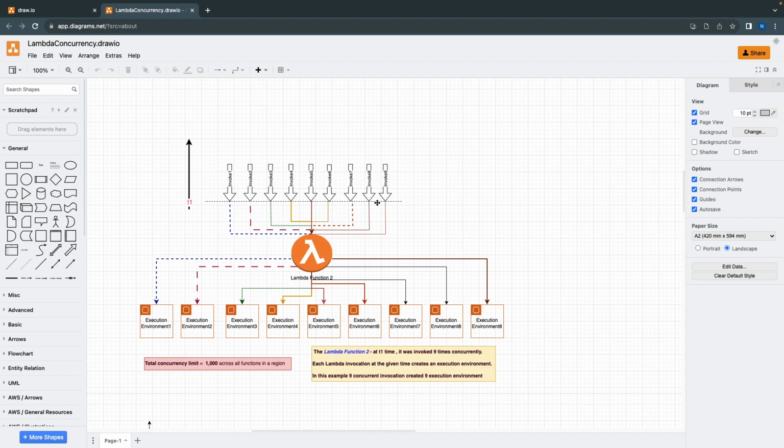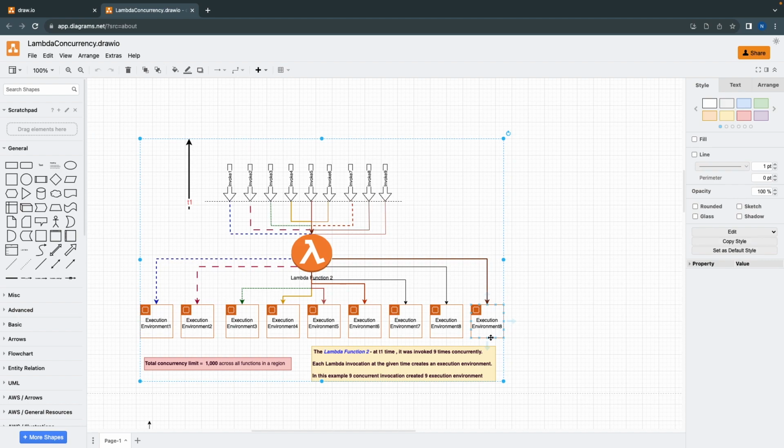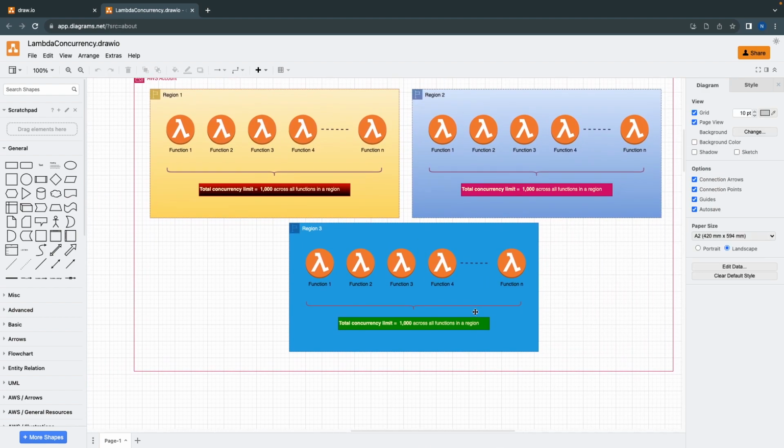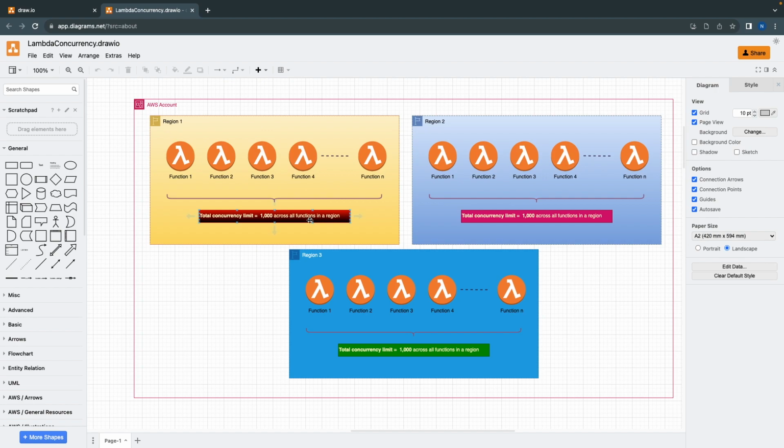If by mistake, or for a legitimate business case, you try to call the Lambda function 10,000 times, do you think the Lambda function would provision 10,000 execution environments behind the scenes? No. In each of your AWS accounts, and for each region within your account, there is a soft limit of 1,000 concurrency, which means the Lambda functions that you have in that particular region share that concurrency limit.